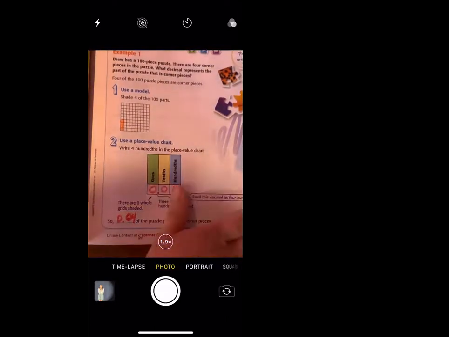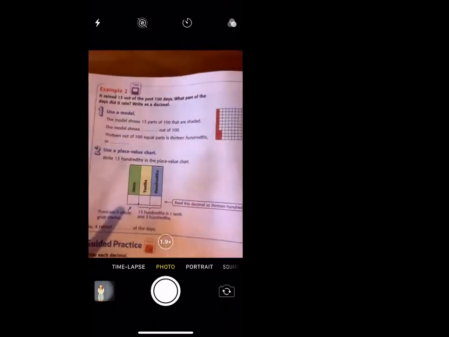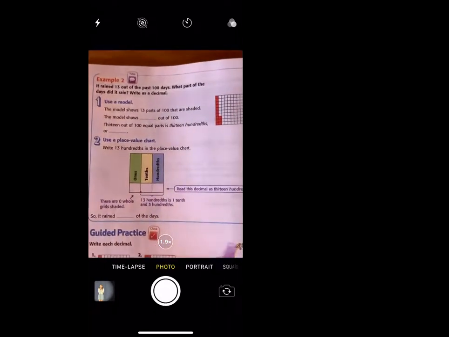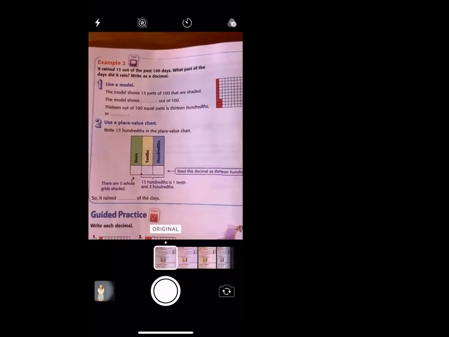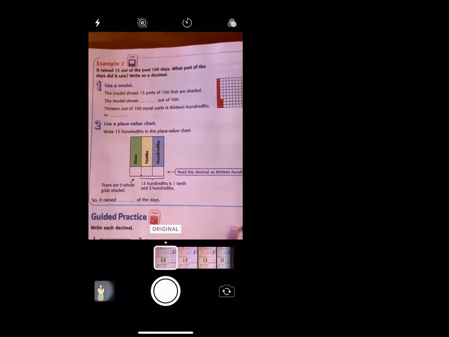All right, so now let's go ahead and take a look at example 2. So in example 2, it says, it rained 13 out of the past 100 days. What part of the days did it rain? Write as a decimal. So first we're going to use a model.